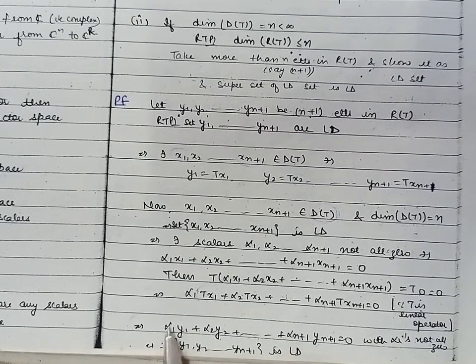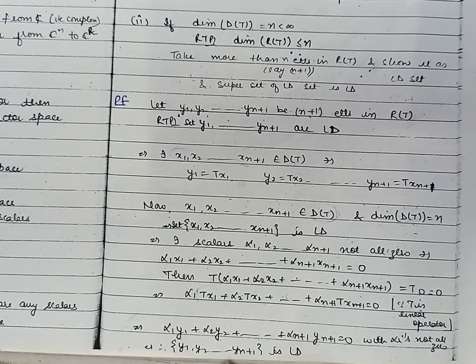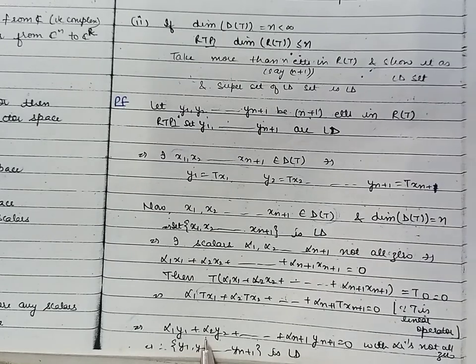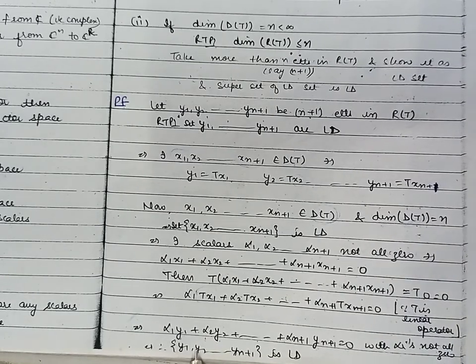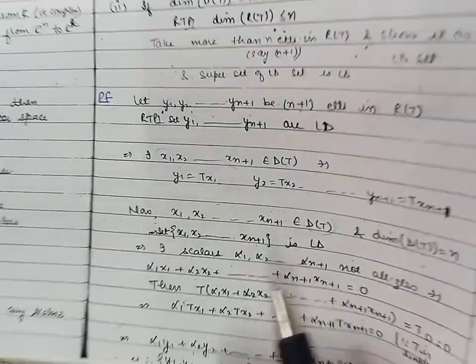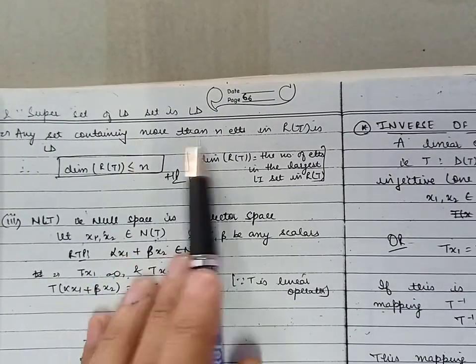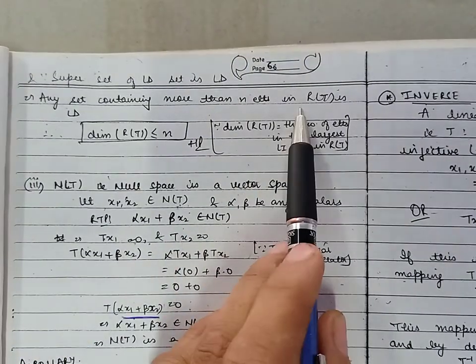Now here not all the scalars are 0. So by definition the set consisting of the vectors y1, y2, y3 up to y n plus 1 is a linearly dependent set.